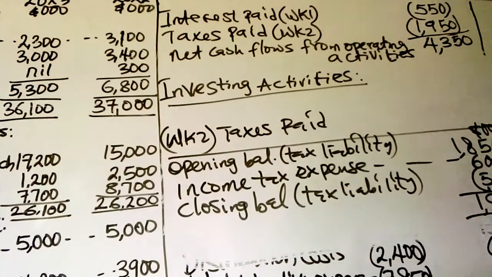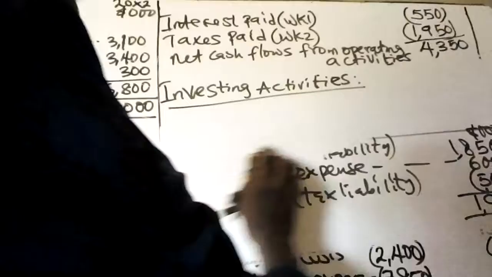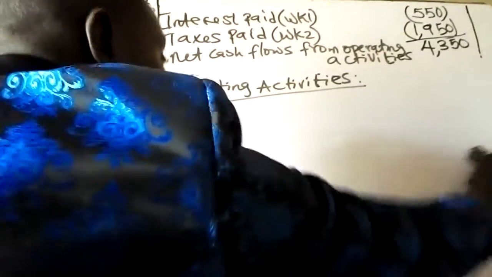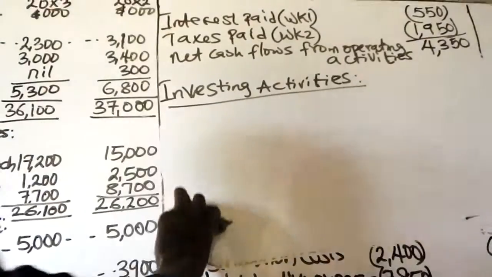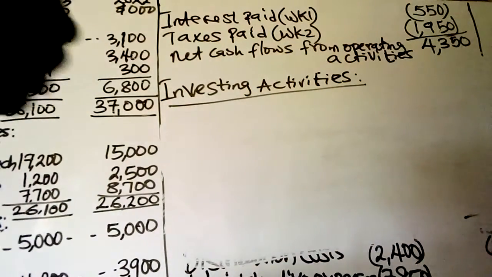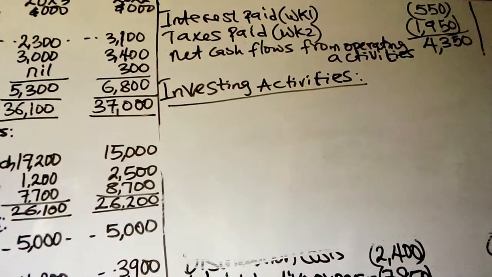I've told you that whenever you get to investing activities, you are going to check the movement in non-current assets. I've told you that there are a number of items that will make our non-current assets to change.